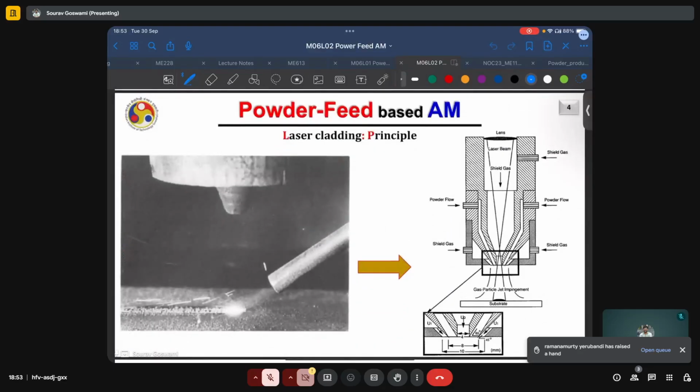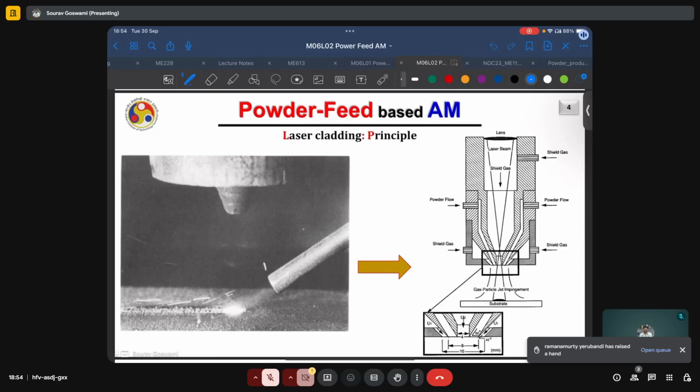Going back to the roots, powder feed AM essentially derives from laser cladding application where we had a lateral powder feed which interacted with a laser coming from the central vertically placed nozzle and added a layer of material to a substrate, and the intent was to improve the hardness or the wear resistance or corrosion resistance, typically surface properties.